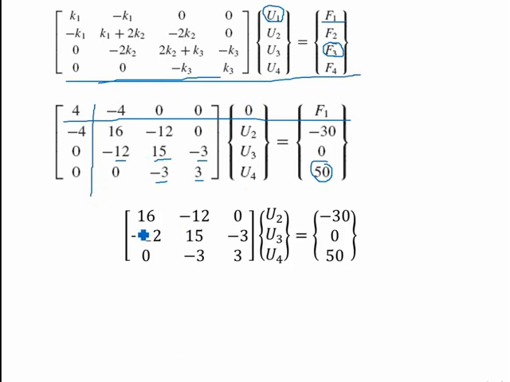It becomes 16, minus 12, 0; minus 12, 15, minus 3; 0, minus 3, 3, times U2, U3, U4, and on this side minus 30, 0, 50. If you have any doubt up to here, you can ask me. Now you solve for U2.